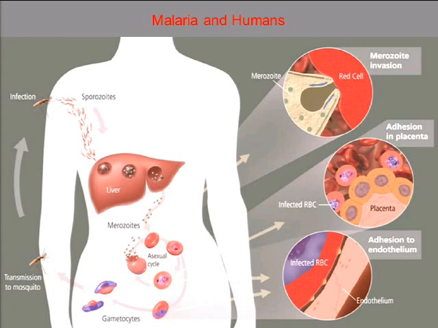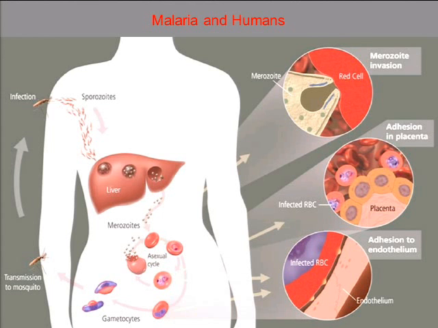What happens if these infected red blood cells are sticking through this adhesion to the placenta? So this is the placenta, and you're inside, essentially, an artery that's supplying blood to this placenta. What do you see that's going on here? Yeah, it's clogging. Okay?